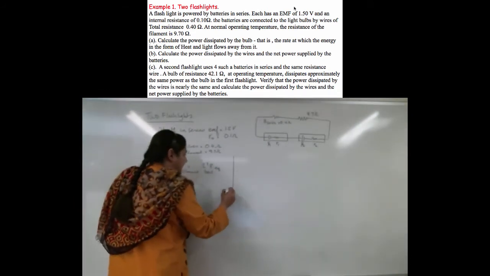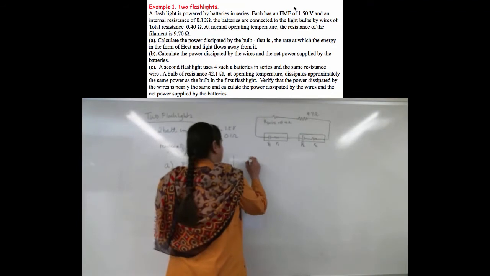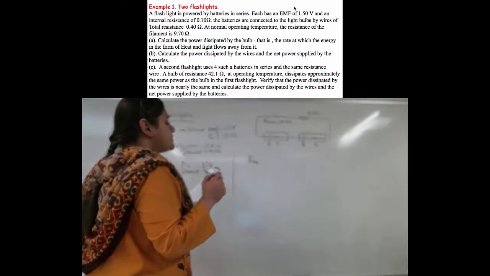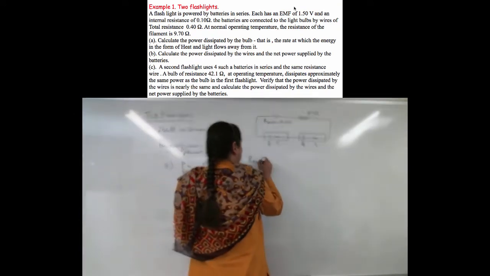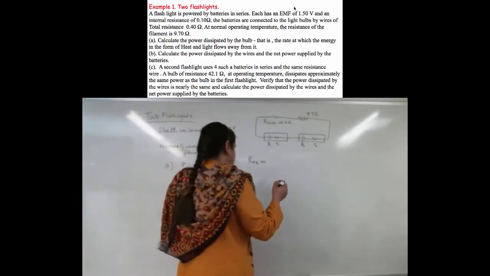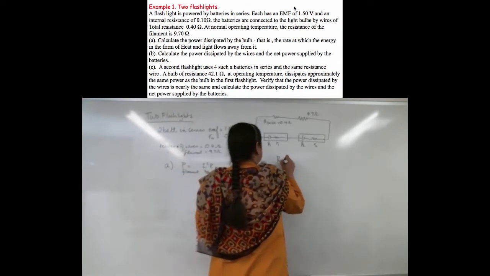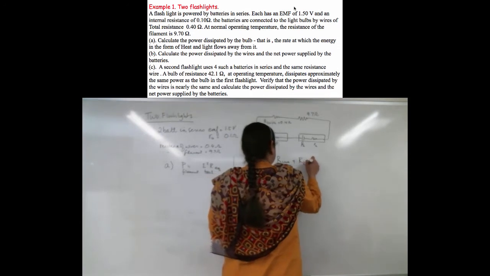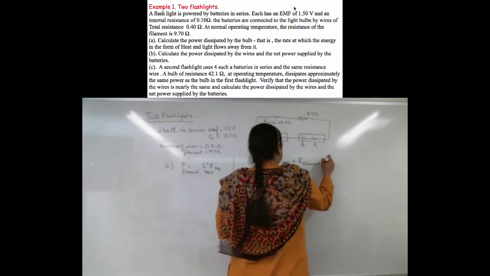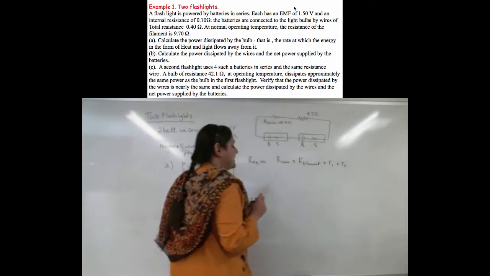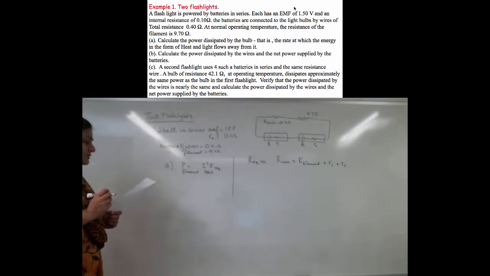How do I find R equivalent? Well, these are all in series with each other, so I find R equivalent as if they were all in series. So I will have resistance of the wire plus resistance of the filament plus internal resistance of battery 1 and internal resistance of battery 2.